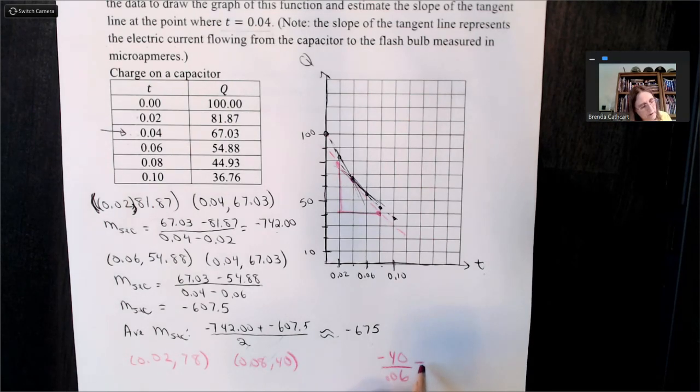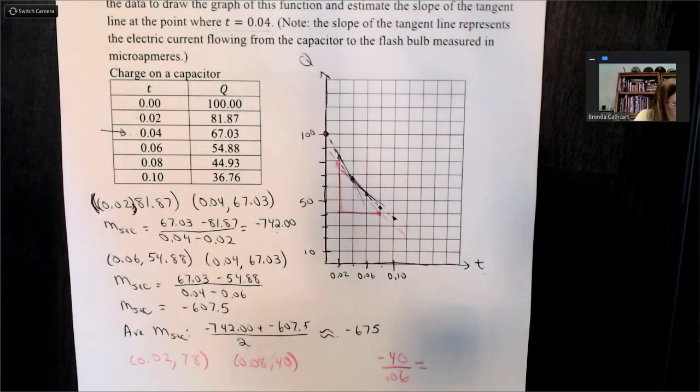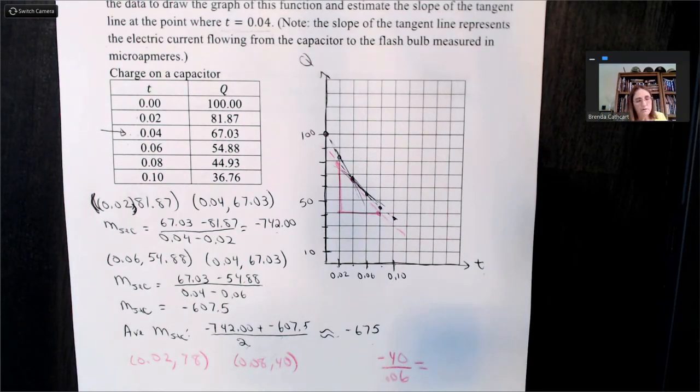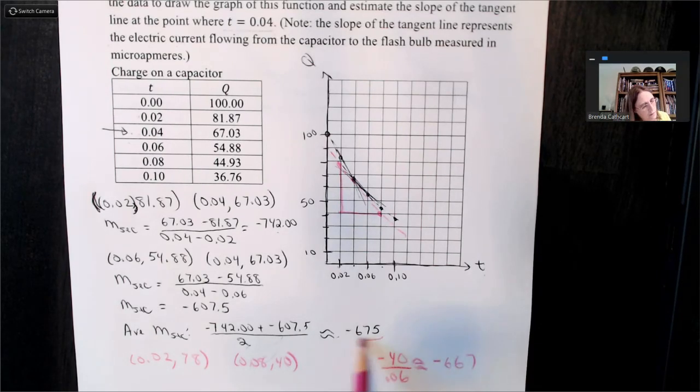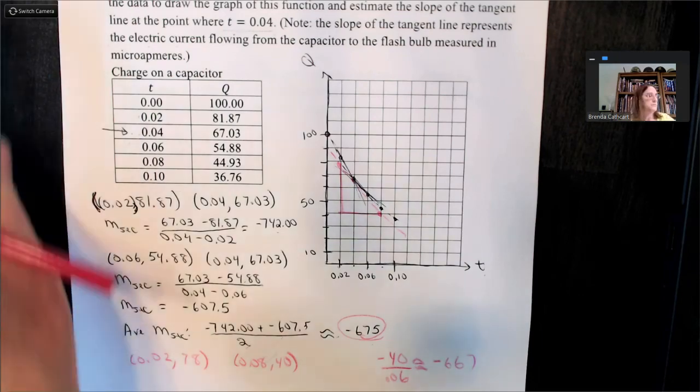And so if I divide those numbers roughly, I would get negative 667 approximately, and that is in line with our example that we have from our table of values.